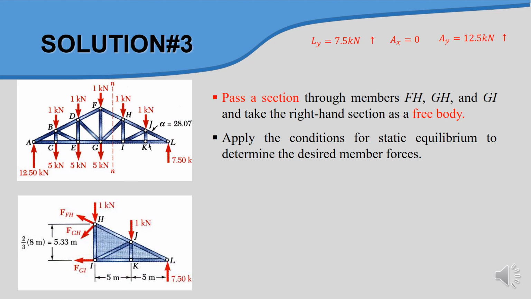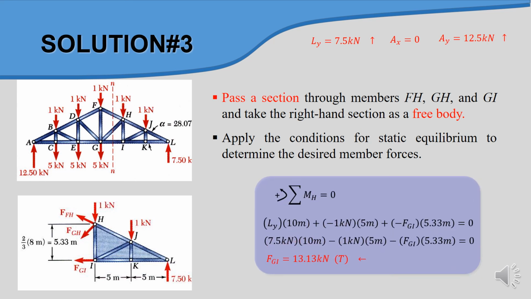Then again we need to cut it in half, because the question requires us to find FH, GH and GI. So we will cut in half, and then we will choose which point to take the moment about, which depends on where you want to start.